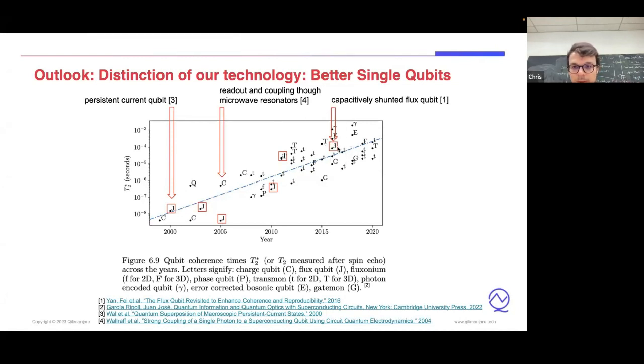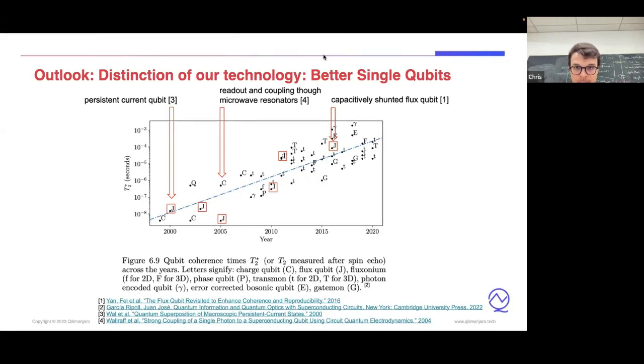And for us, we're going to base our technology on this capacitively shunted flux qubit, which has one of the longest coherence times and which is suitable to do annealing, as I explained a bit before.